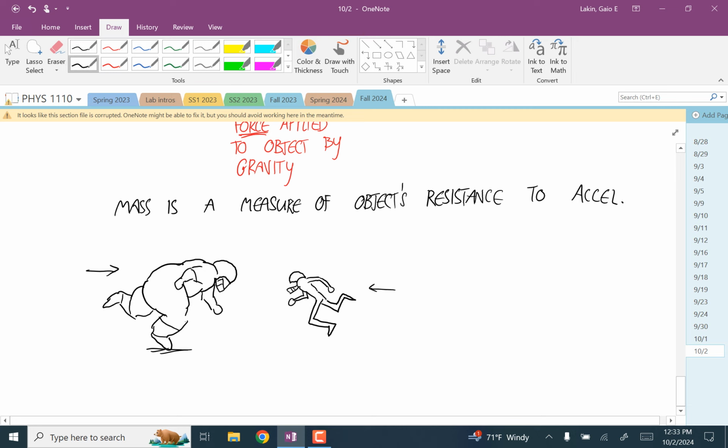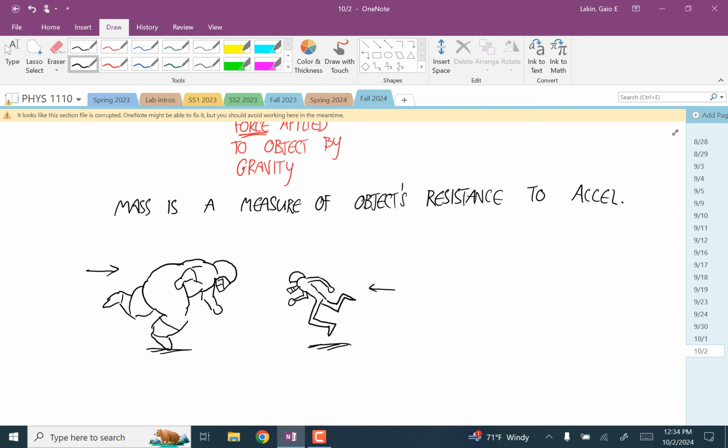Okay, so when they collide, one of these two players is going to accelerate very drastically, and one of these players, if his eyes are shut when they collide, he won't even notice that this collision happened. He'll just keep running with this other player attached to him. You know what I mean?